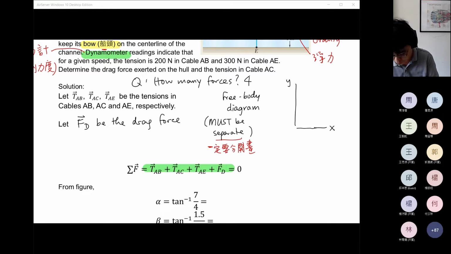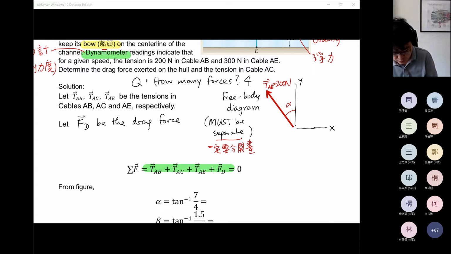So we have 4 forces. First of all is TAB, because we know the magnitude, and we write it down as well. TAB equals 200 Newton. And this is y. And this angle is alpha.